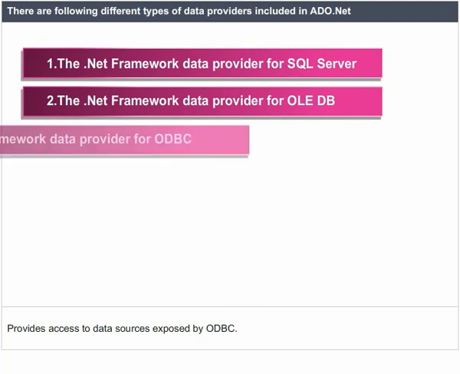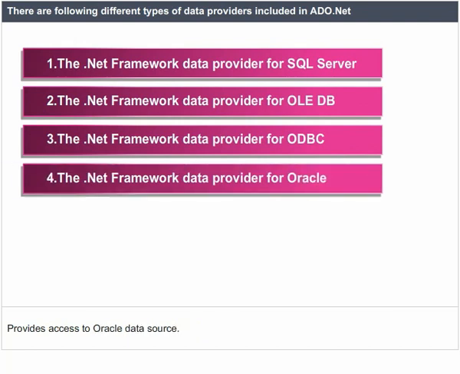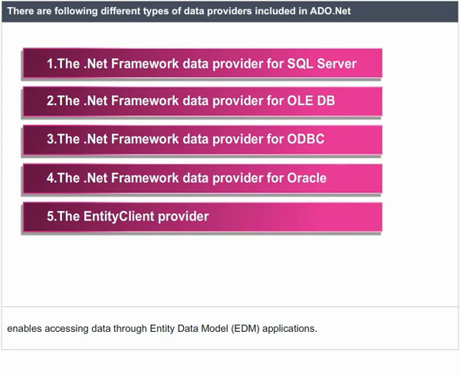The .NET Framework Data Provider for ODBC provides access to data sources exposed by ODBC. The .NET Framework Data Provider for Oracle provides access to Oracle data source. The Entity Client Provider enables accessing data through Entity Data Model (EDM) applications.